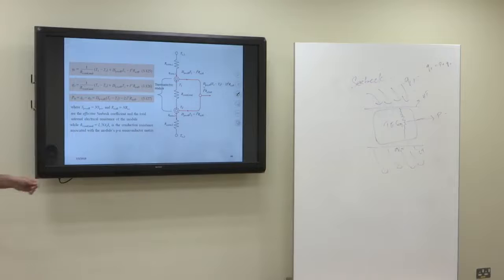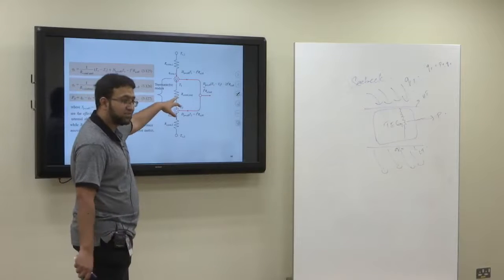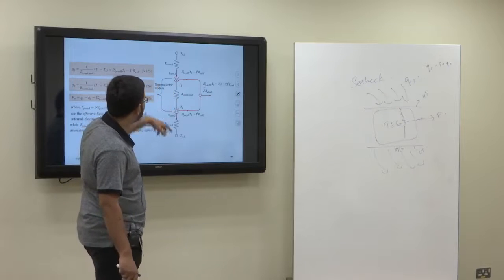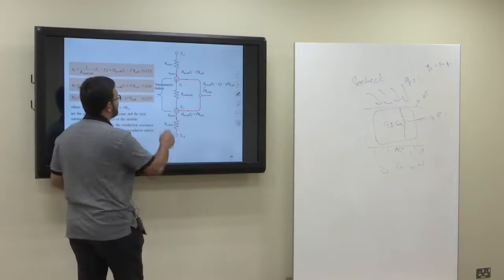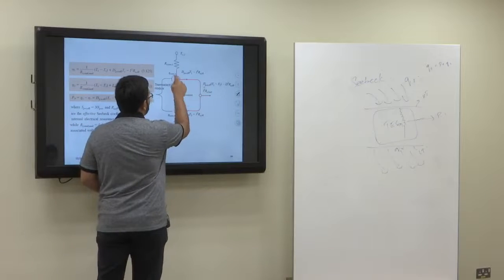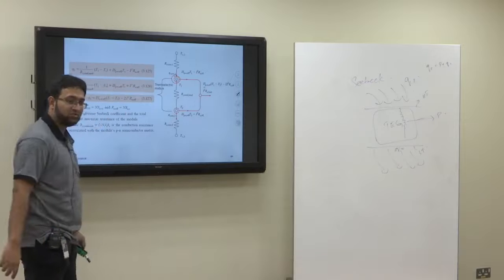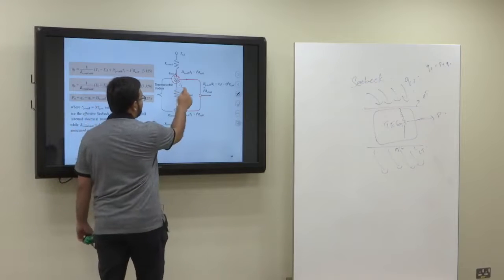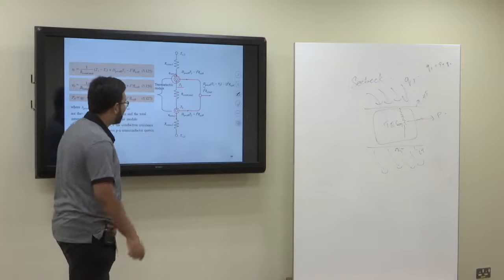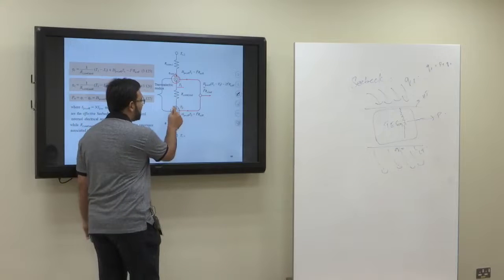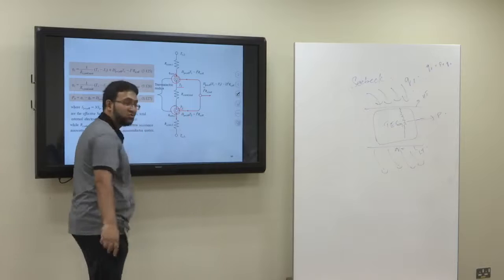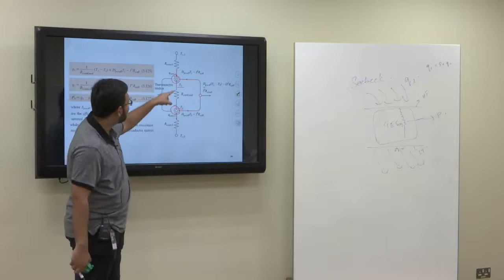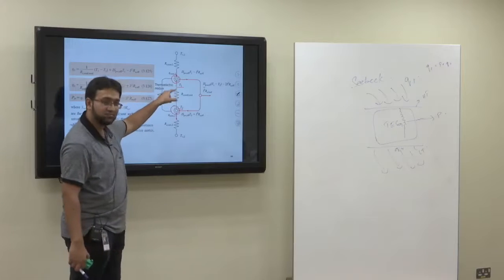Let's first talk about the thermal circuit. In the thermal circuit, this is the hot side, the top side of your thermoelectric generator, at temperature T1, and this is the bottom side of your thermoelectric generator, at temperature T2, and between T2 and T1 there will be conductive resistance.